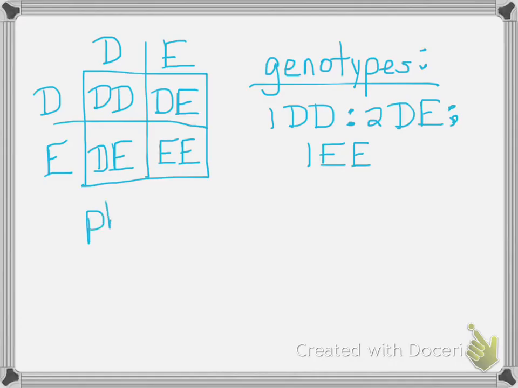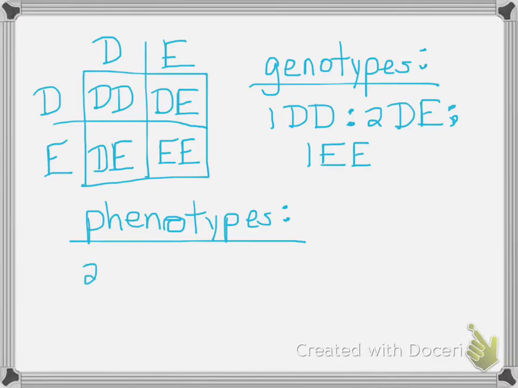So this brings us to the phenotypes. And just like with our incomplete dominance, the phenotypes is where we see the difference. Because on this one, we're going to interpret. So DD, we've got 25%. And we said that DD was white.